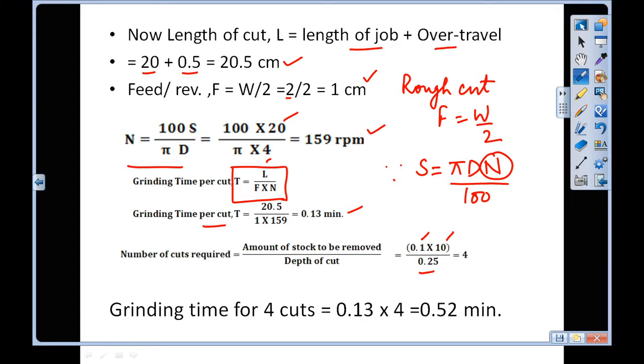So we have calculated 4 cuts are required. So the total grinding time for 4 cuts is equal to the grinding time for 1 cut multiplied by the number of cuts. So we have calculated 0.52 minutes as the total grinding time.